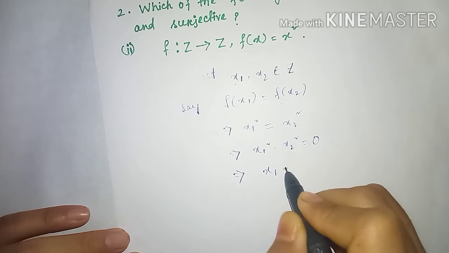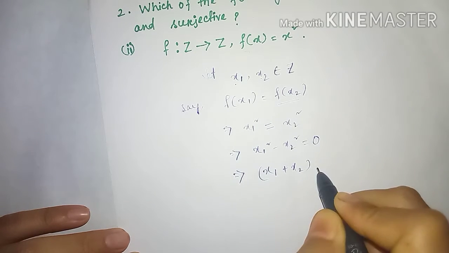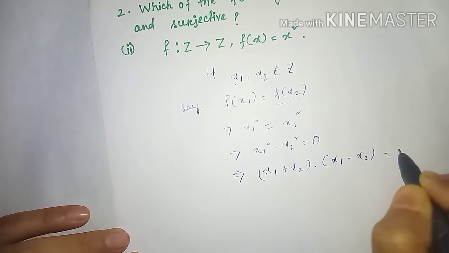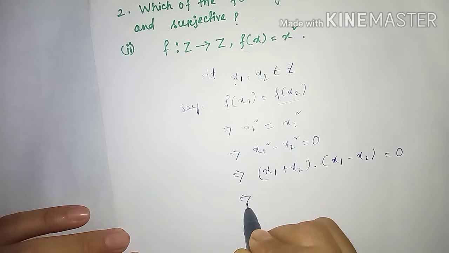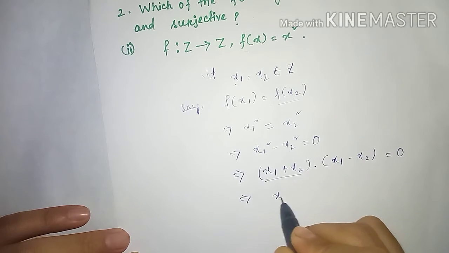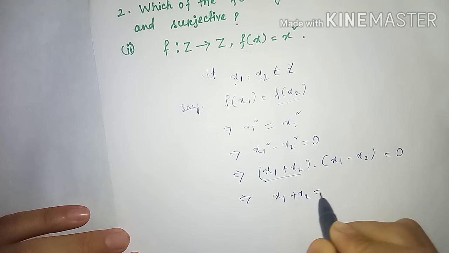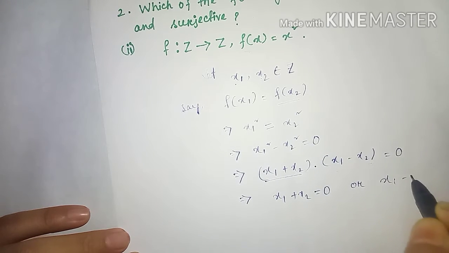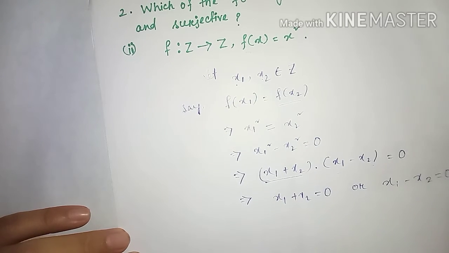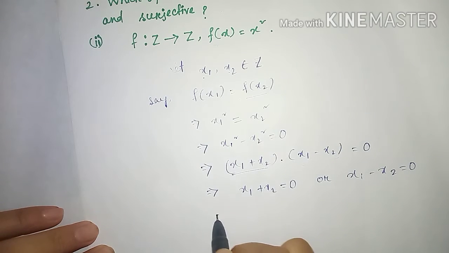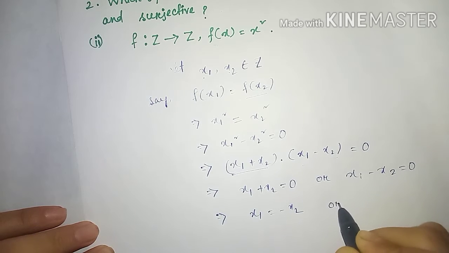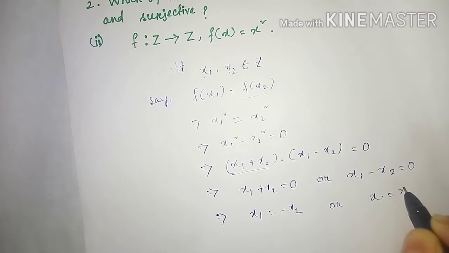Therefore, (a plus b) into (a minus b) equal 0. And this implies either this part equal to 0 or this part equal to 0. Where x1 equal to minus x2, x1 equal x2.